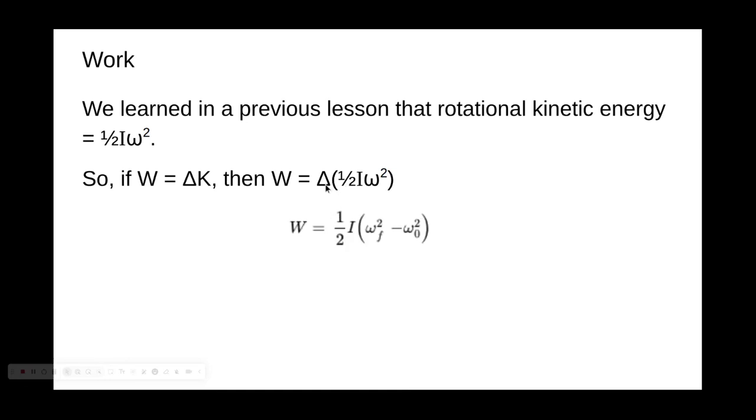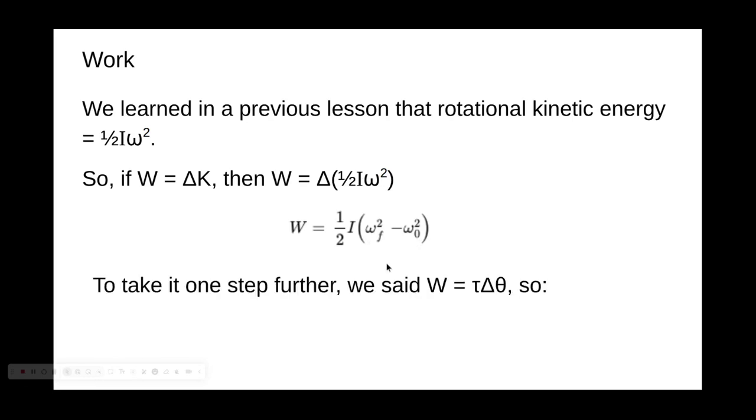I'm going to take this 1/2 outside and this I outside the delta, because those things are not going to change during our rotation. And so we can have this as our equation for work. So that's perfectly usable. Remember, we could also have this equation for work, tau delta theta. And so we can substitute that over here if we want to and get this big, long, complicated looking formula, but that might help us out at some point.